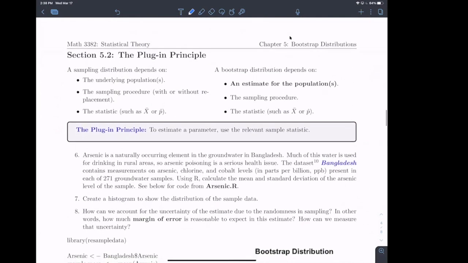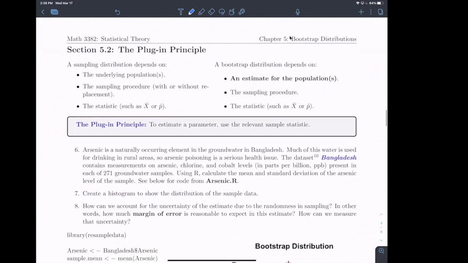Okay, so let's summarize what we've talked about. We're talking about section 5.2. The plug-in principle is basically saying, if we want to estimate a parameter, our point estimate should be the sample statistic.